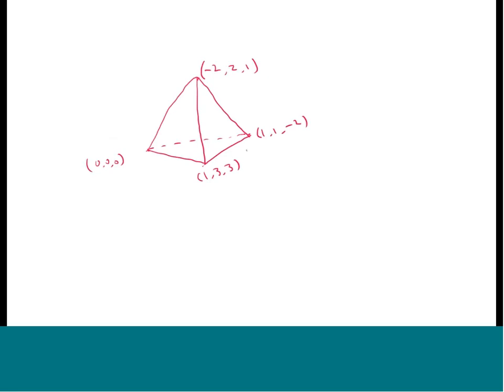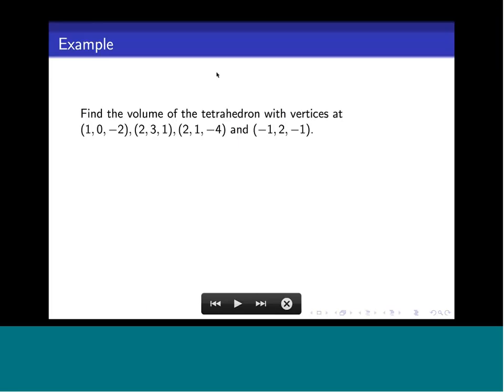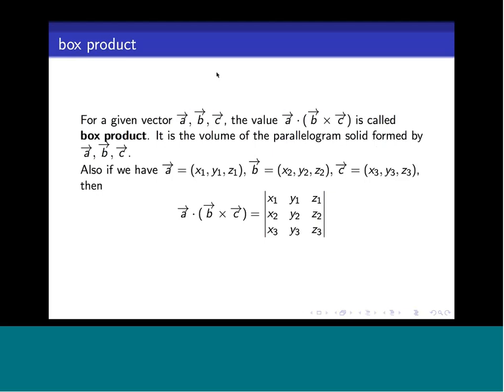Now you're actually asking about those three vectors. Those three vectors are going to form a parallelepiped, a parallelogram solid.